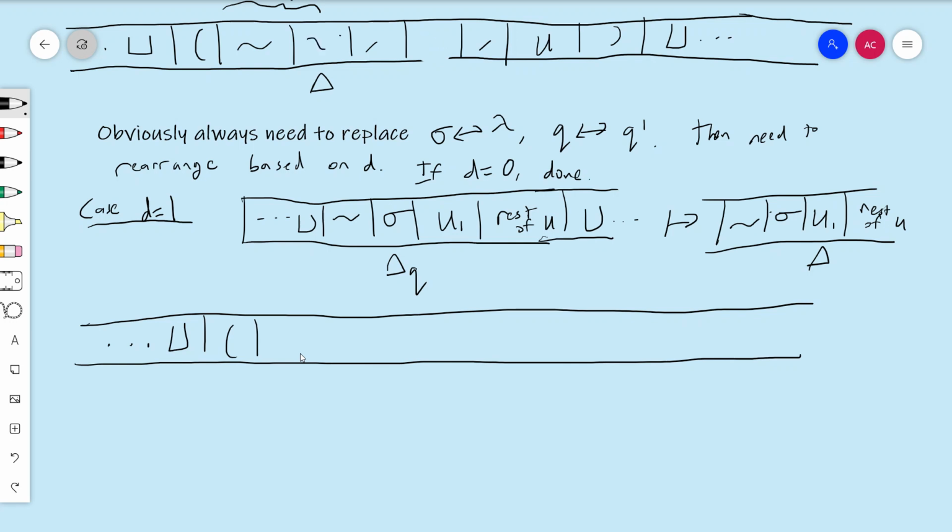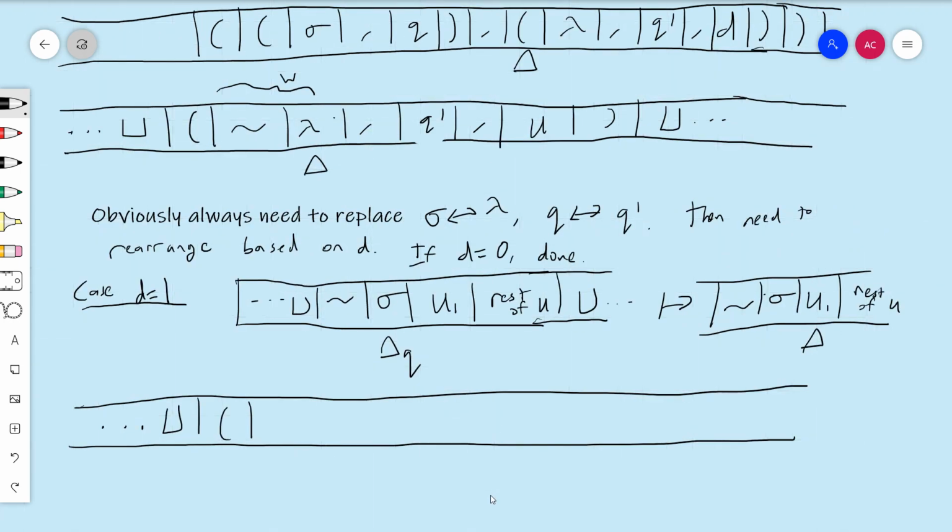What I need to do is edit this. I have a U1 over here, and then rest of U, and then blanks. So what I need to do is rearrange these 3 symbols specifically. There are no other things I need to rearrange. So what should I do first? Let's go ahead and, as a first step, swap this with this.